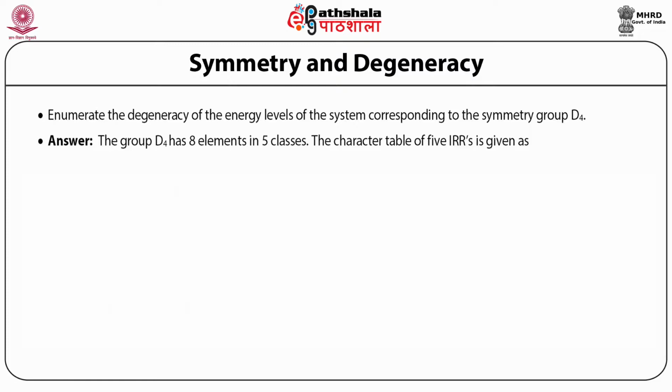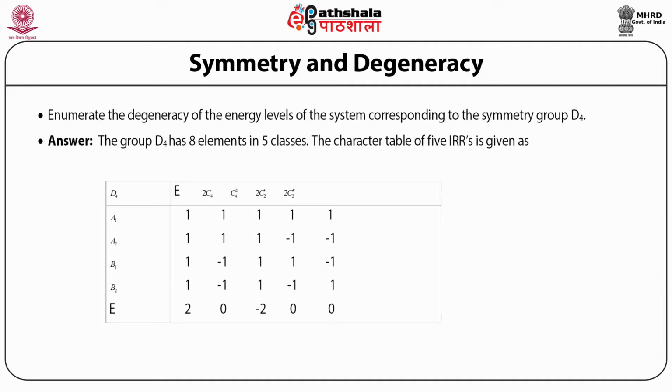We now talk about the degeneracy of energy levels of the system. So I will illustrate it for the symmetry group D4. The symmetry group D4, we know, has 8 elements in 5 classes. The 8 elements are 1 identity, 2 C4 rotations, 1 C4 squared rotation, 2 C2 prime rotations, and 2 C2 double prime rotations. So there are 5 classes, and 5 irreducible representations of dimensions 1 and 2.